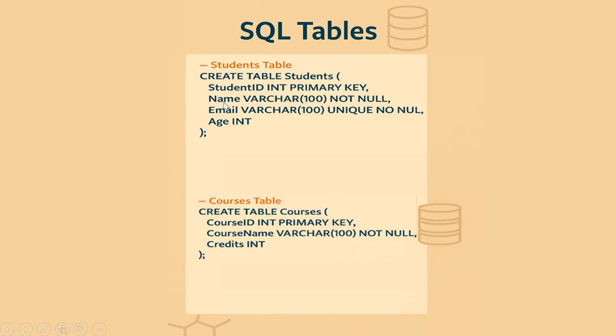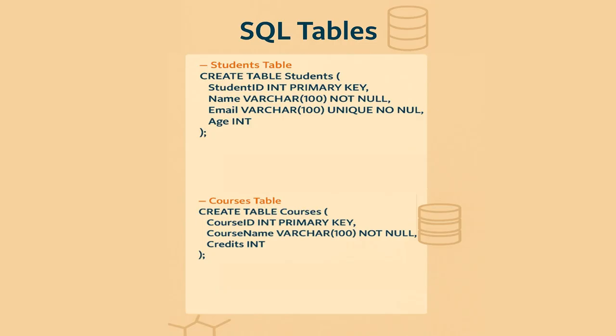We have the name, which should not be null. We have email, it's unique and not null. And age, which is integer. Okay, we have another table, courses. We have the course ID as primary key, course name should not be null, and credits for each course, it's integer.